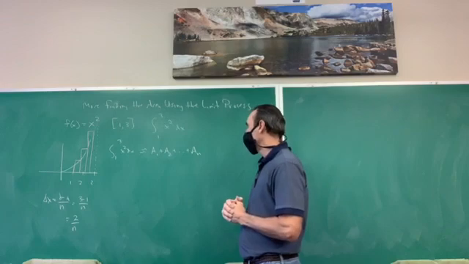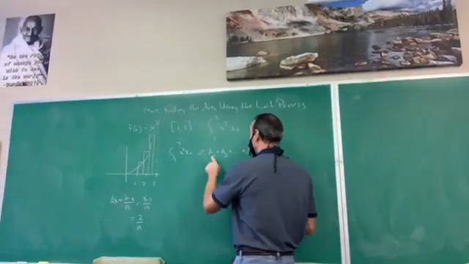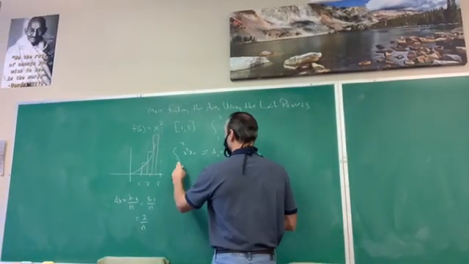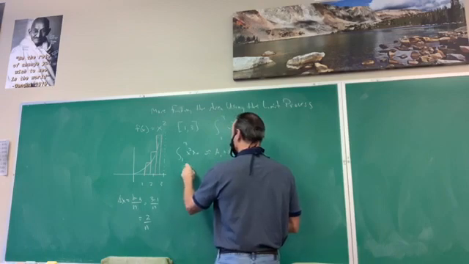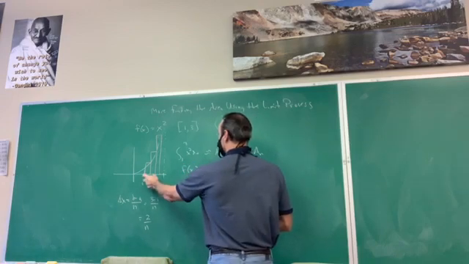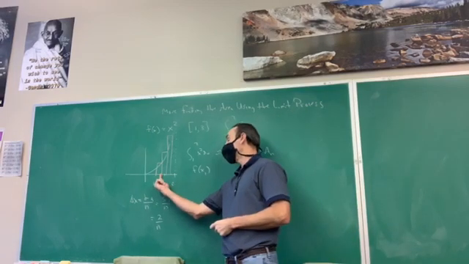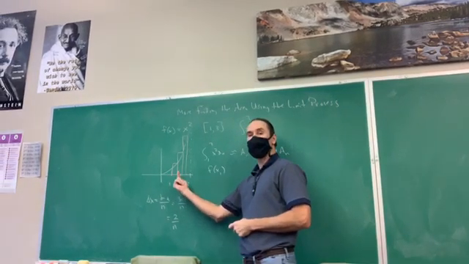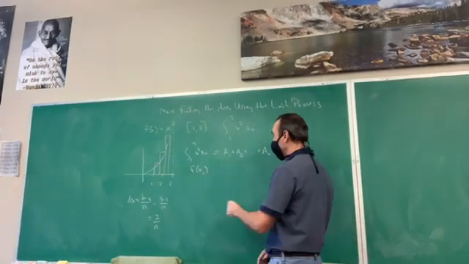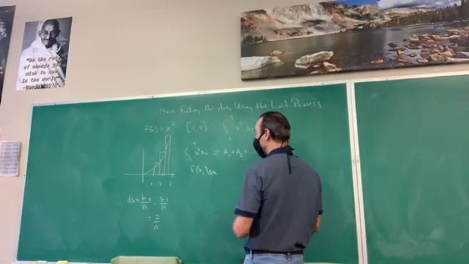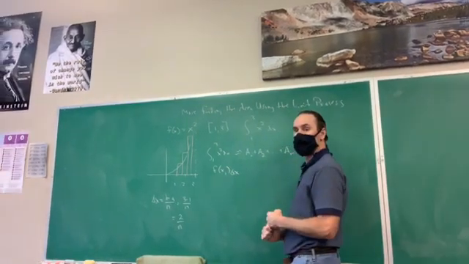Okay. So that first rectangle, I'm going to write this in detail here. We're going to take f of, and I'm going to talk about what that value is going to be. It's going to be the right side of that subintegral, the right side of that rectangle. And then it's going to be times the delta x, which is that width.